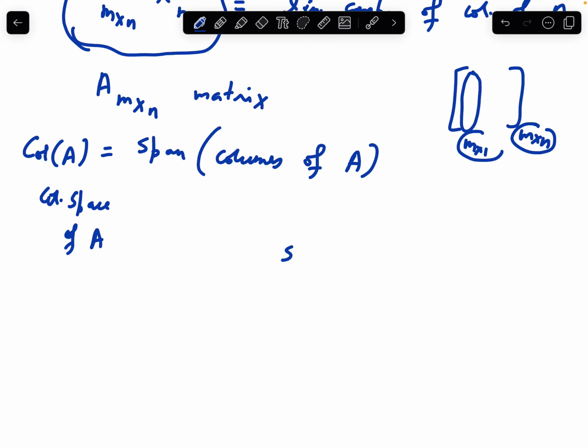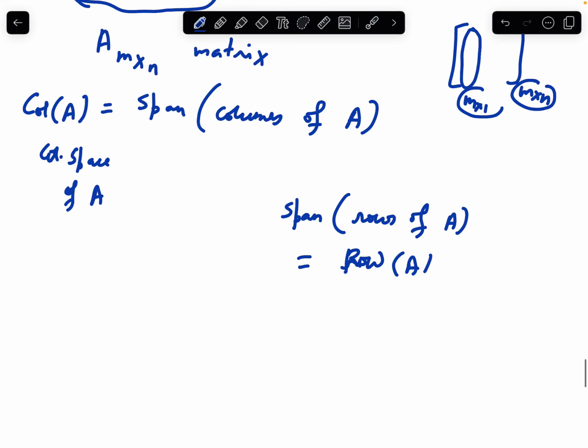Similarly, we can take a span of rows of A, and we call that row space of A. So row space of A means span of rows of A, and column space of A means span of columns of A. Okay.